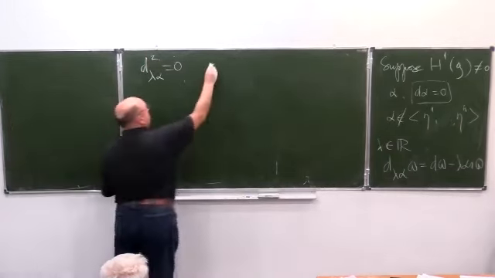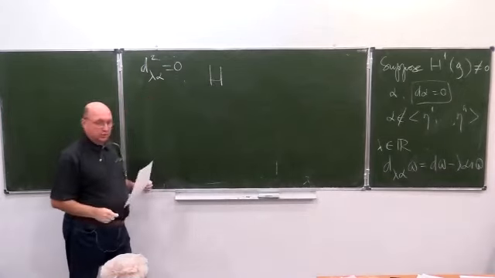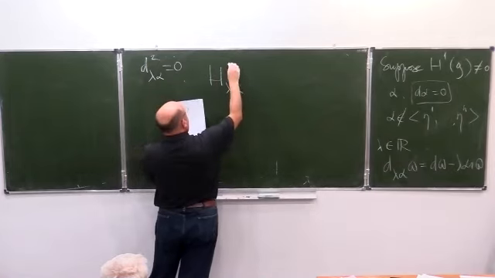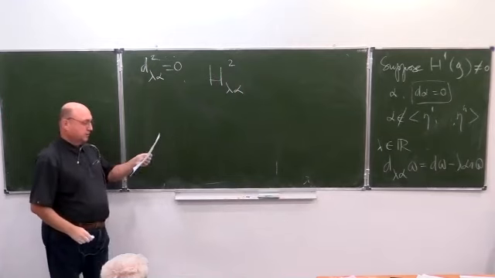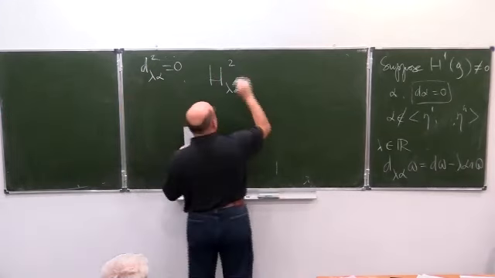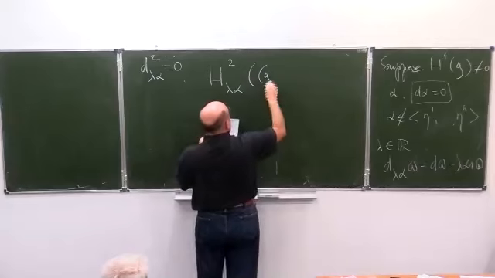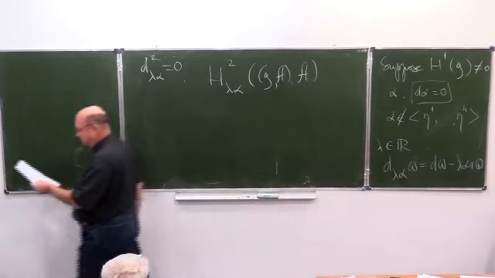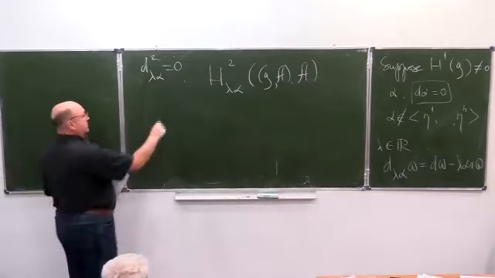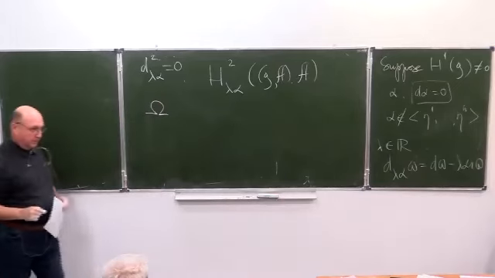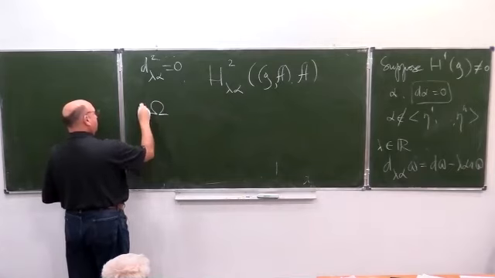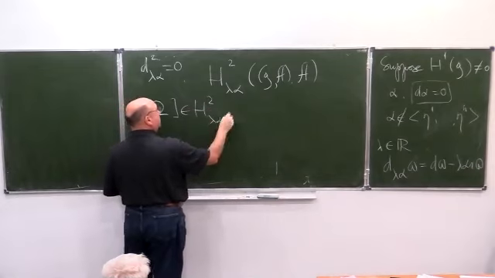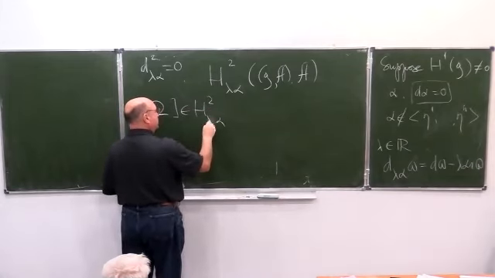So the twisted cohomology groups are defined, and we denote them in this way. Of interest will be the second cohomology group, denoted in full like this. Now suppose that the form omega defines an element of this cohomology group for some fixed lambda 0.